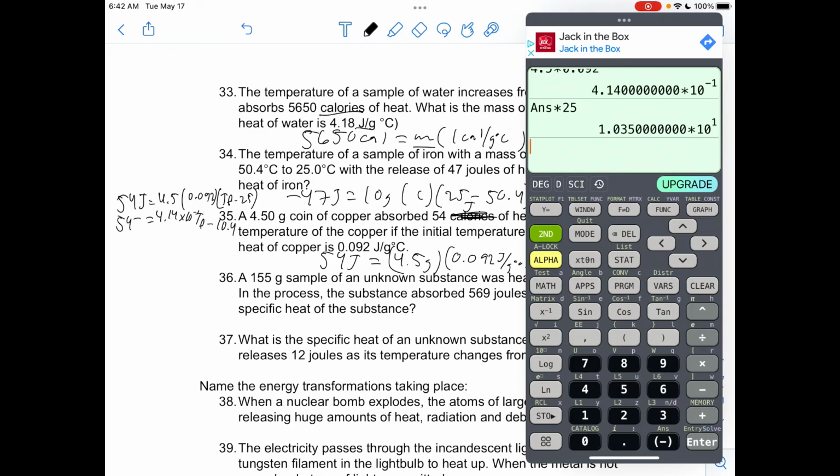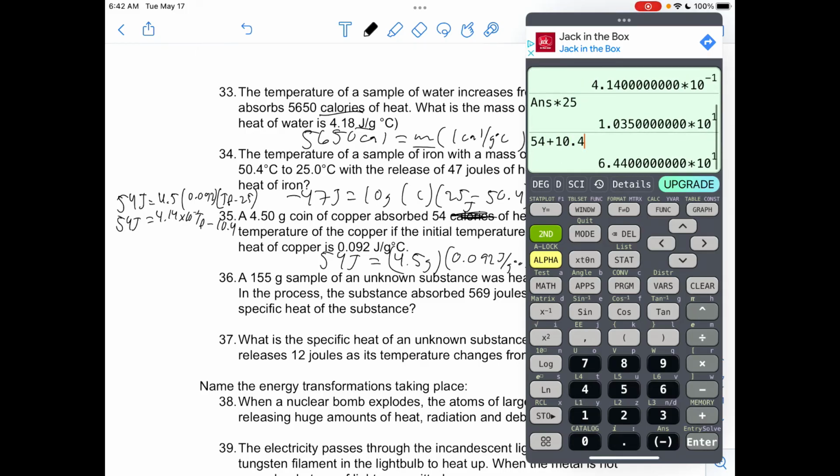54 joules. I'm going to add 10.4 to the other side. So 54 plus 10.4 gives me 64.4.